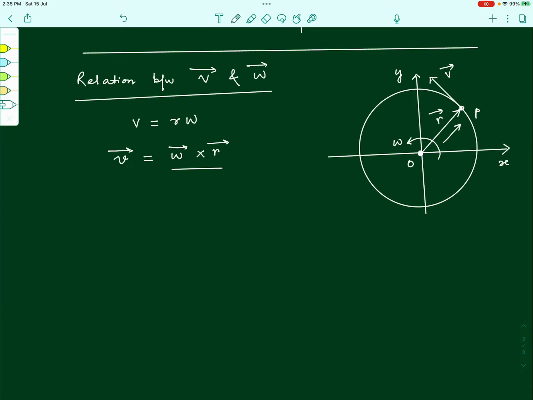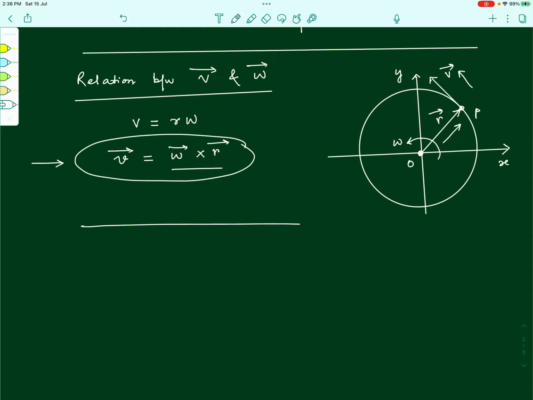If you try to do omega cross r using the right hand thumb rule, as we know gives us the direction of cross product of two vectors, you will see that omega cross r will point in the direction of v, the velocity vector. So this relation then holds true direction wise also, which it should, but you can just verify it here. So this is an important relation whenever we want to work with vectors omega and v. This is the relation that we can use.